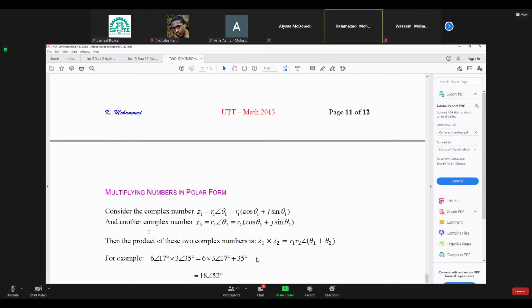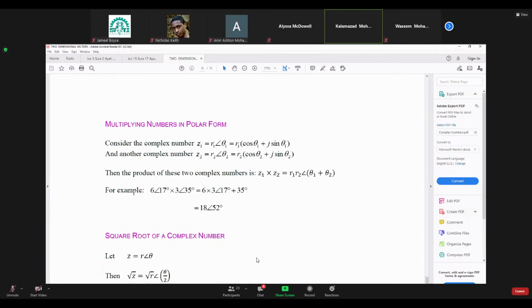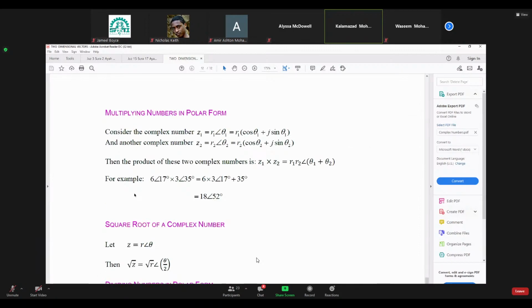What comes in exam? All right, multiplying numbers in polar form. So sometimes you're asked to multiply numbers in polar form. This is how you do it.